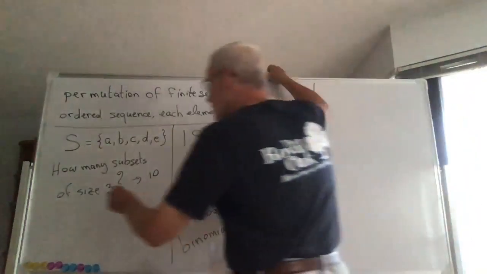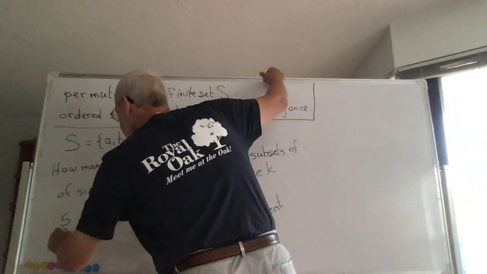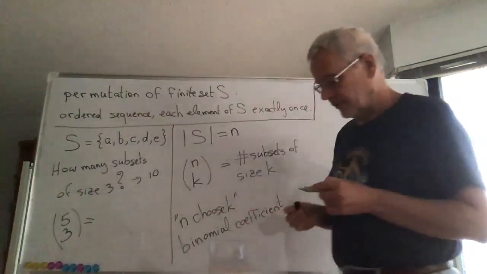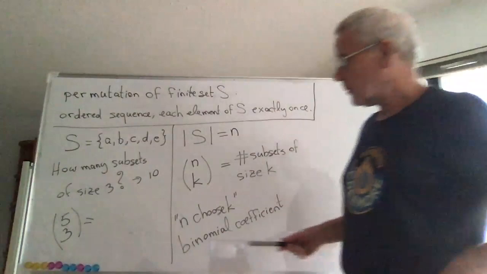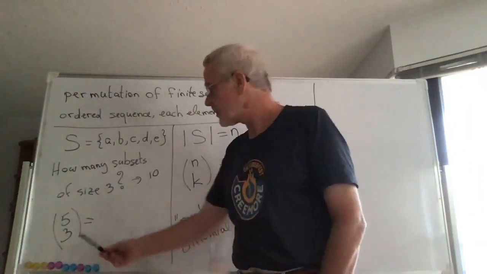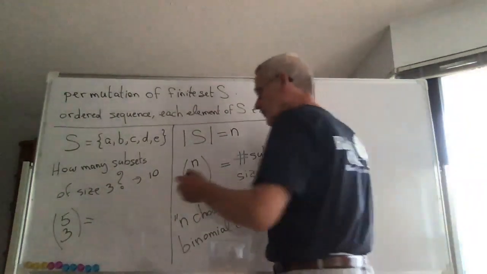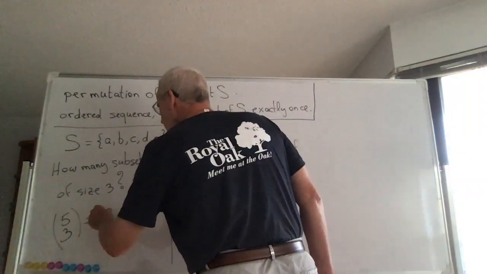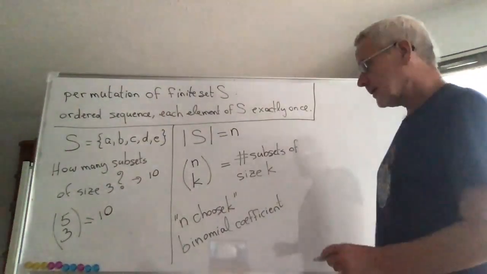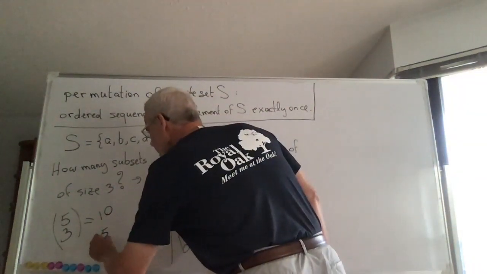So if we go here, so what is 5 choose 3? 5 choose 3 means we have a set of size 5 and we count subsets of size 3. And we just saw that this is equal to 10. As an exercise, you can determine 5 choose 2.